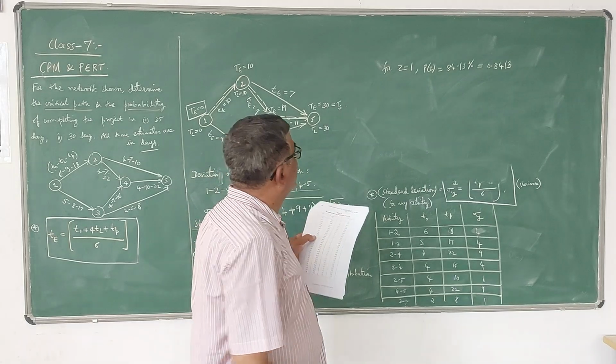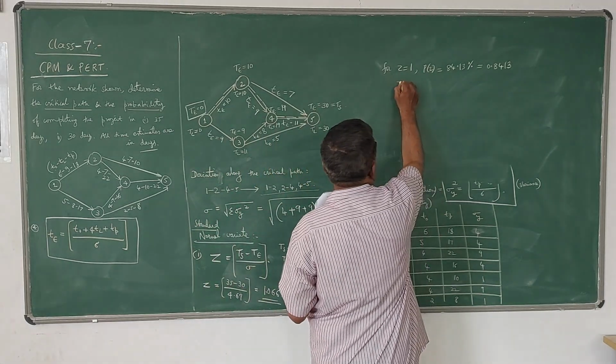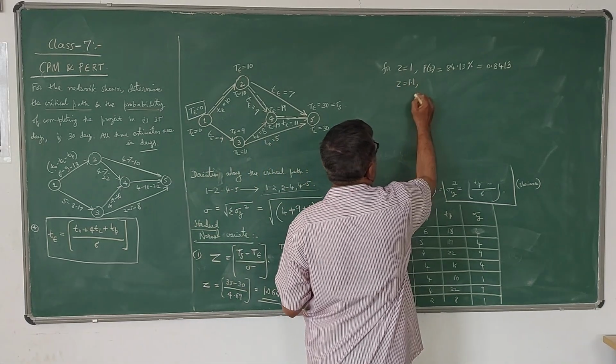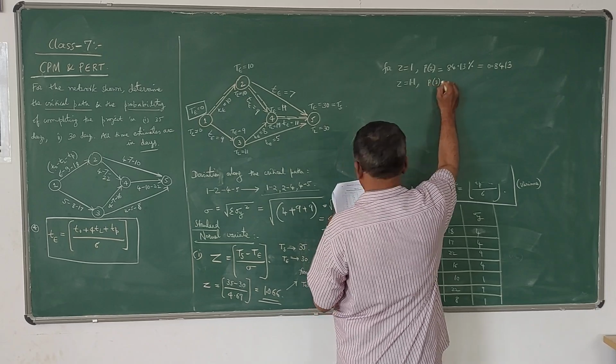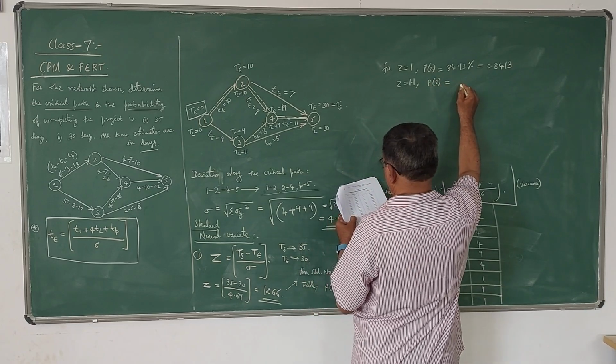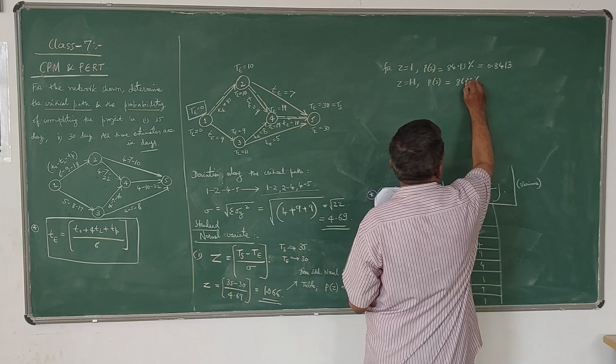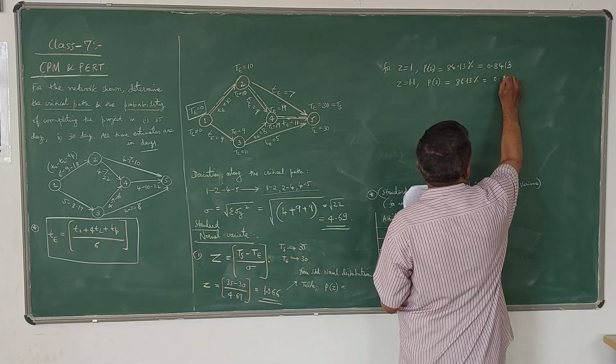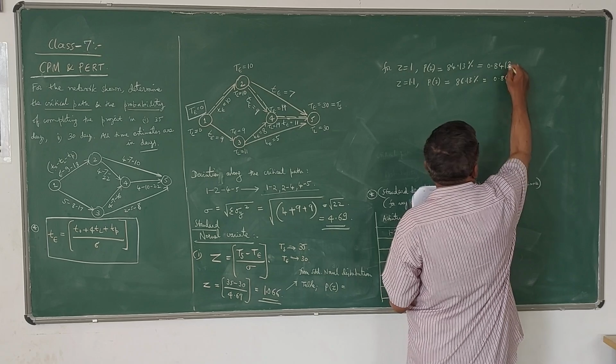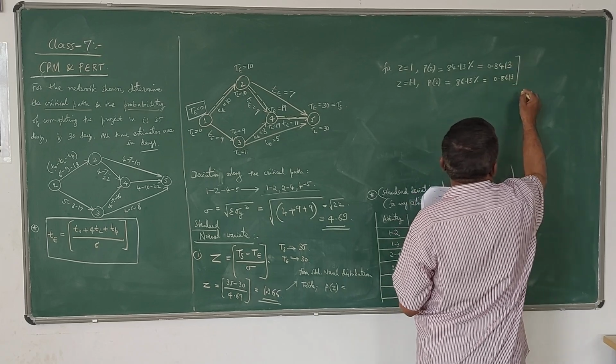For Z is equal to 1.1, P of Z is equal to 86.43. Now can you interpolate? We are going to get a value between these two.